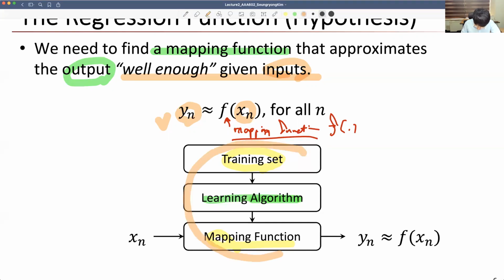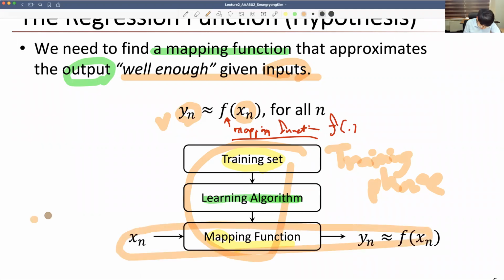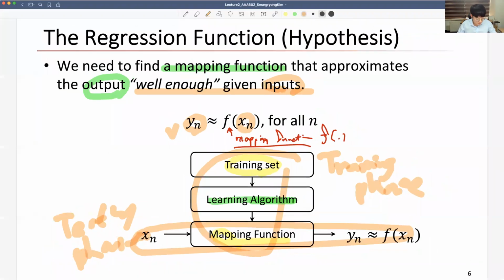After the training phase, we can get the mapping function, and then at the testing phase, we can estimate the output given input xn, which should be similar to the ground truth output. So this is our goal, right? This is the mapping function of the regression problem.